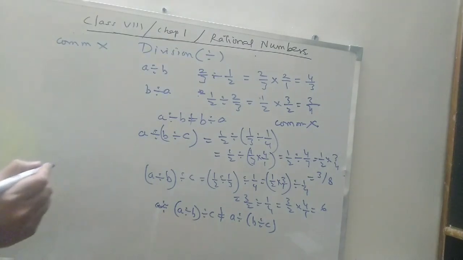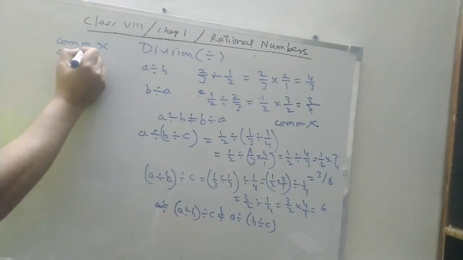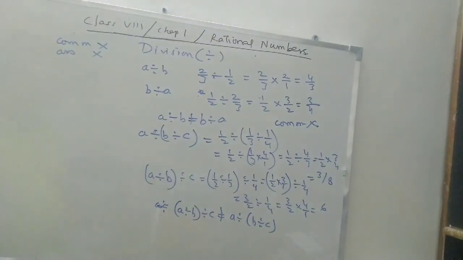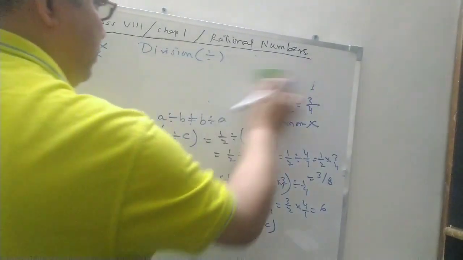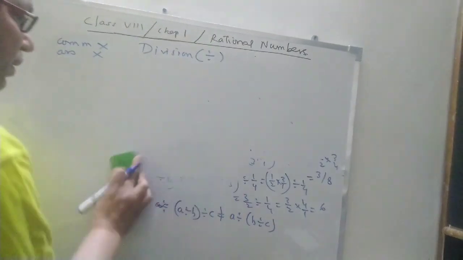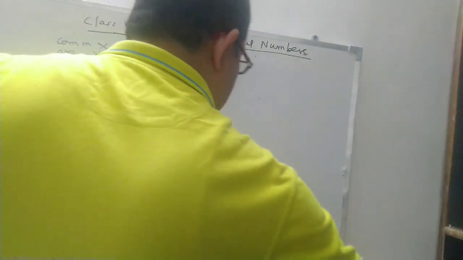Then is associative property possible? Associative property is also not possible. Now, commutative and associative both properties are not possible, as we have seen.